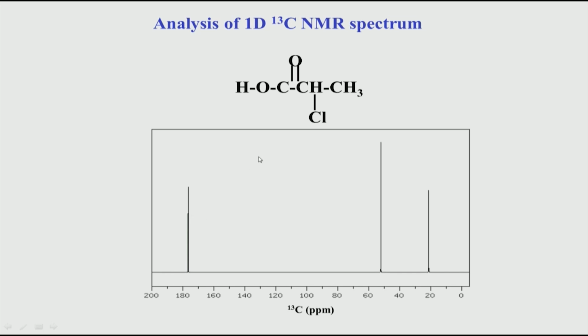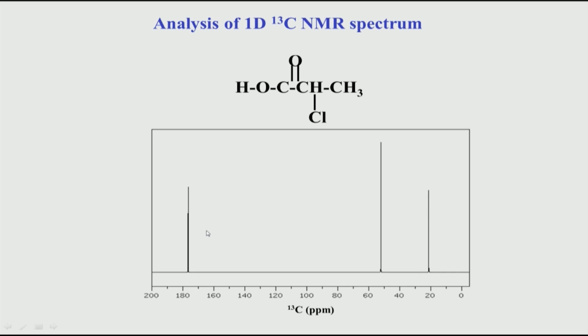So, this is the peak which corresponds to this carbon, and on this side this is a methyl group, and because this carbon is attached to an electronegative halogen, you expect this carbon to be deshielded, and that is what we see, it is quite deshielded at around 50 ppm, whereas this CH3, which is a regular methyl group, is away from this and is therefore less deshielded, and it comes at its regular position.